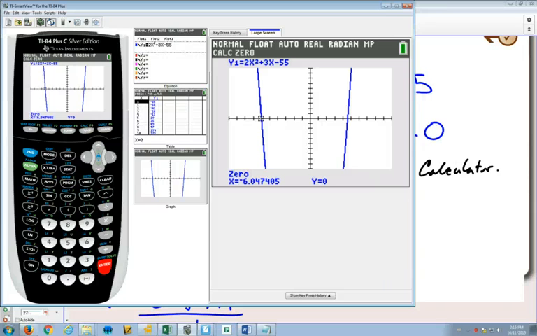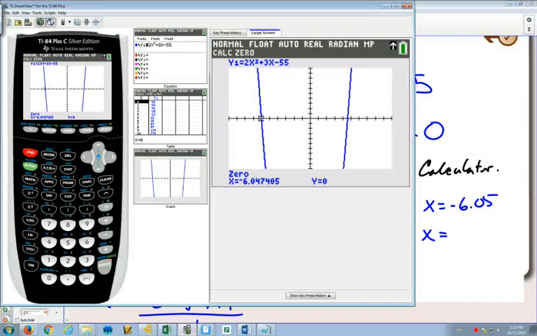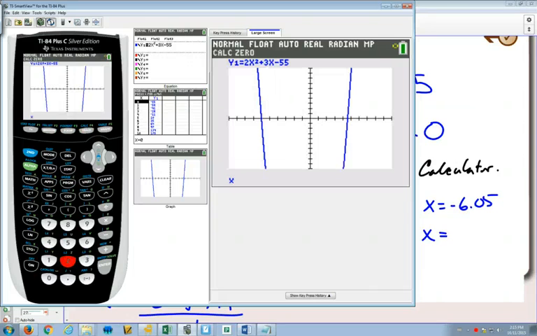So now we know that one of them is negative 6.05. If we want to find the other one, we do the same thing. Second, calculate, number 2, zero. We need to go to the left and the right of it. Again, I'm not going to use the cursor to go all the way across.